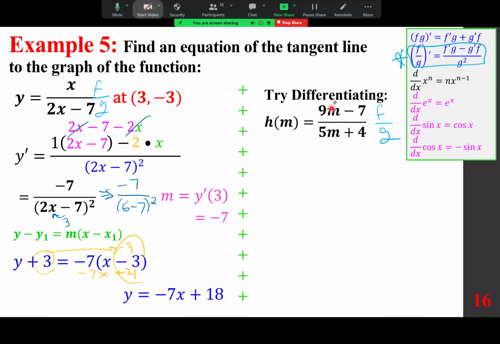So I need f prime. I'm using this formula, which is 9 times g, minus I need g prime, so that means I need 5 times f, which is 9m minus 7. And then I put the bottom and square it.